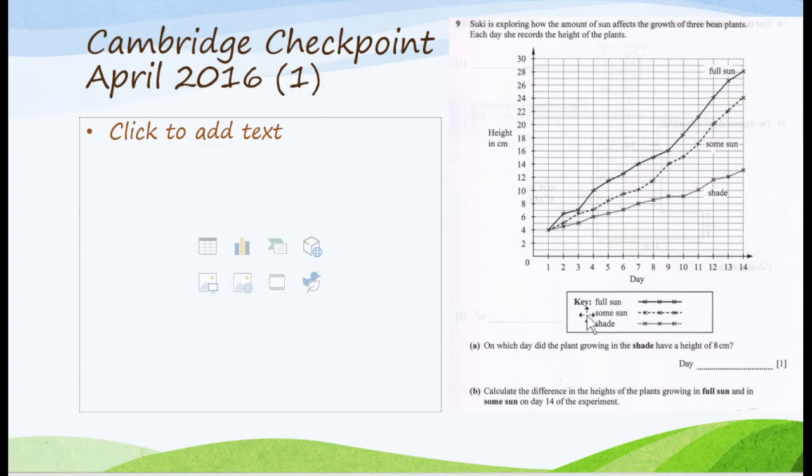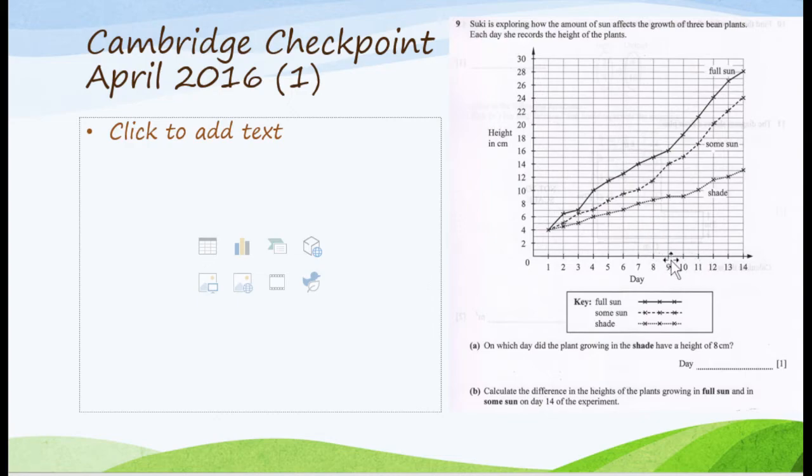Full sun, some sun. This one is the key to explain what this is for. On the graph again, there is a day and also the height. It says that she records the height of the plants per day. This one is the day. So like day 10 under shade, the height is, I cannot see, that one is really hard to see, but I will try.